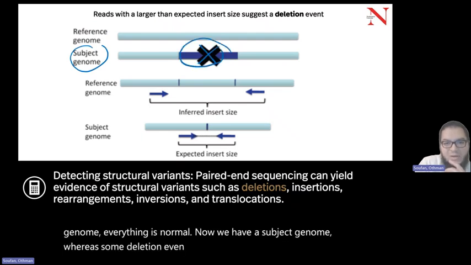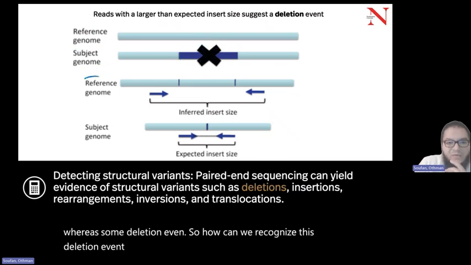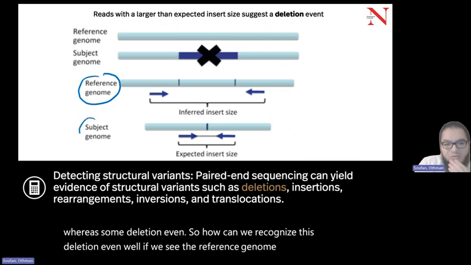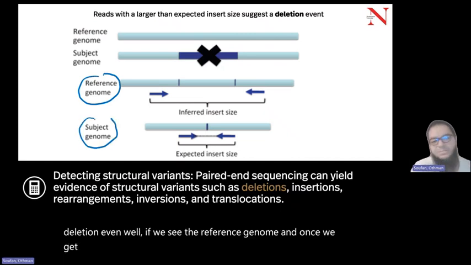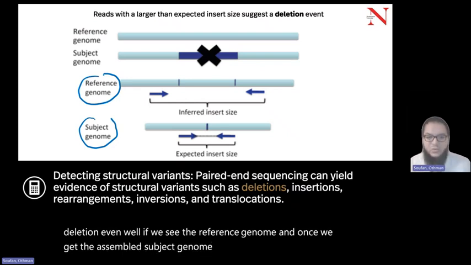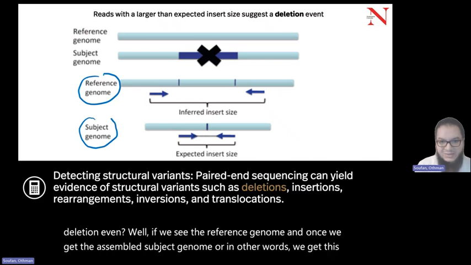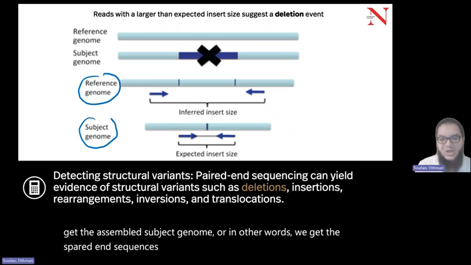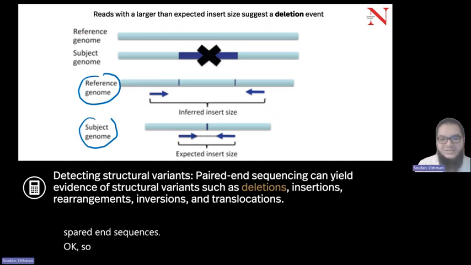So how can we recognize this deletion event? Well, if we see the reference genome, and once we get the assembled subject genome, or in other words, we get the paired end sequences, okay, the expected insert size. When looking at the paired end sequence, we are looking at one strand.